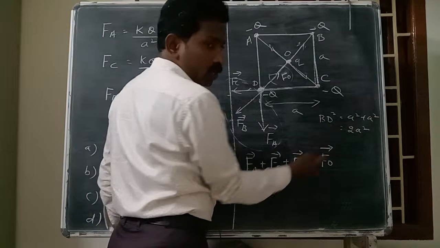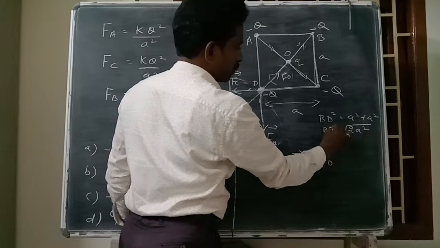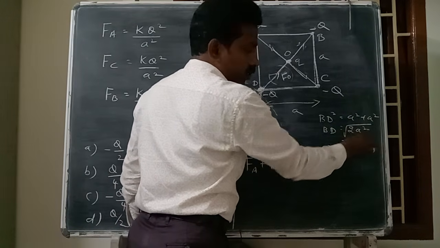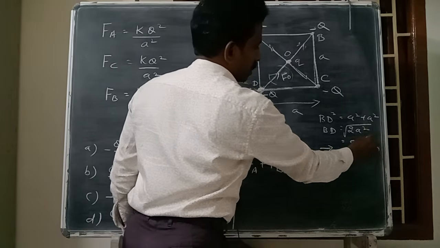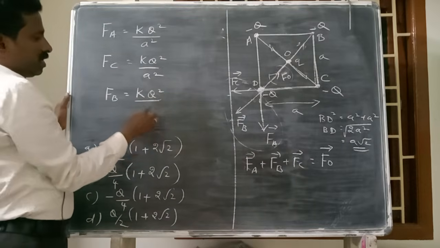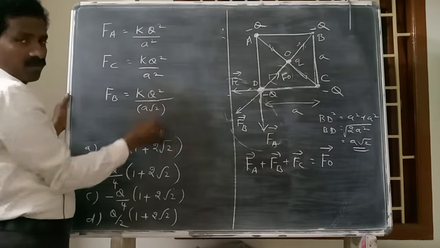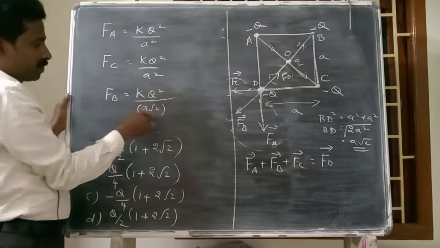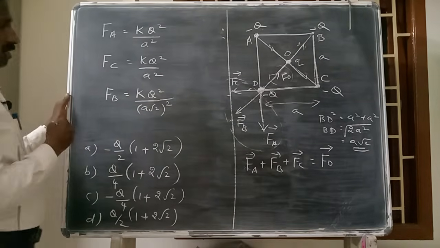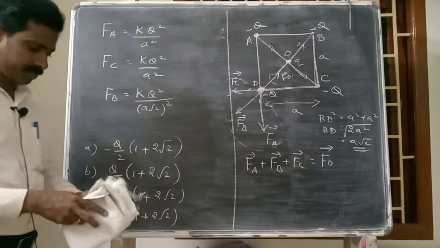So BD equals the square root of 2A squared, that is A root 2. So here instead of R I am writing A root 2. But in Coulomb's inverse square law, R squared should come, so it is squared. Similarly, FO vector, what is the value? Let me erase the options.